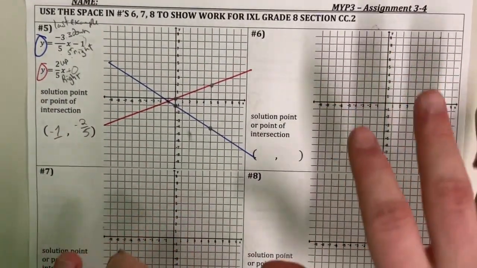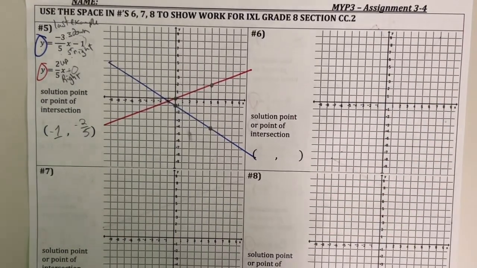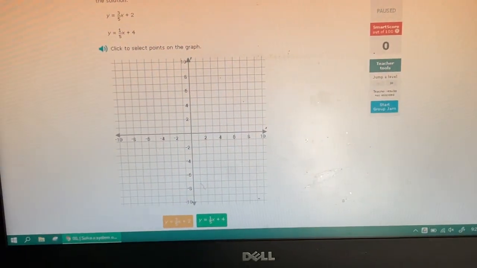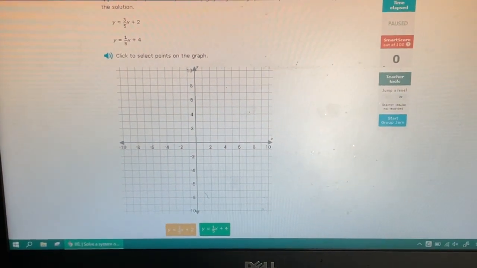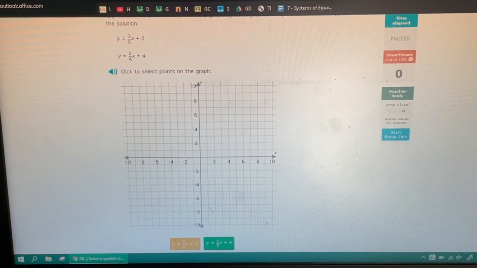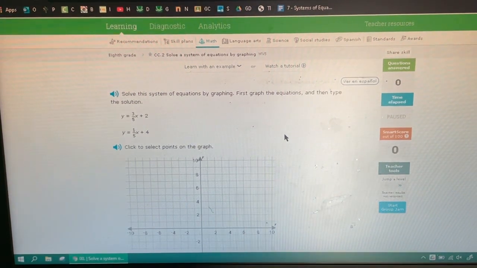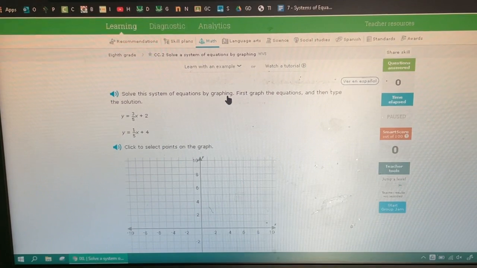So again, make sure, pause the video, pull up that tab, make sure you can see where I'm at. Make sure you're on grade 8 CC2, and all we're saying is this, okay, I can solve the system of equations by graphing, and that's exactly what I've been doing.